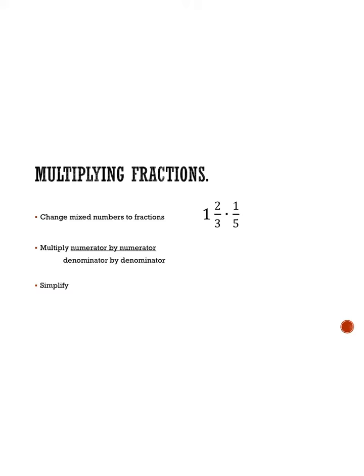Multiplying fractions, once again, you need to change that mixed number to a fraction. 1 times 3 is 3, plus 2 is 5/3. And then we're going to multiply the numerator by the numerator and the denominator times the denominator and simplify. So 5 times 1 is 5, and 3 times 5 is 15. And then we can simplify it.